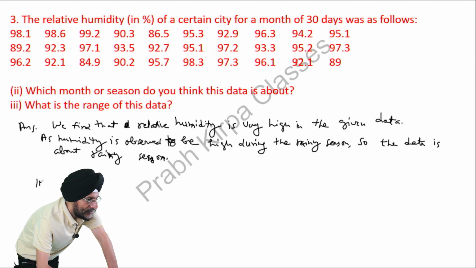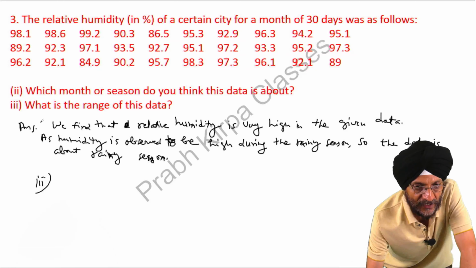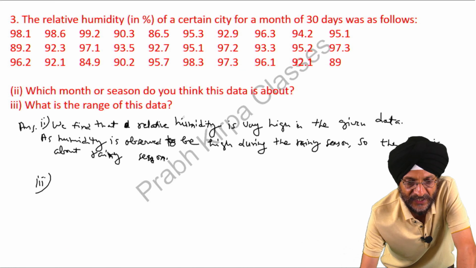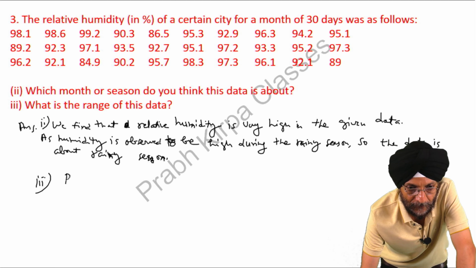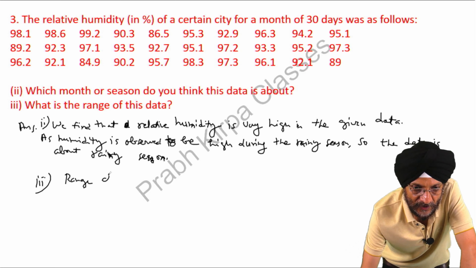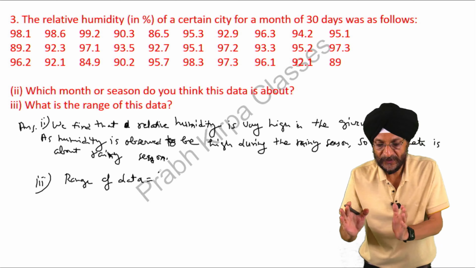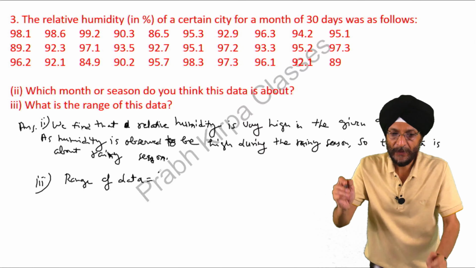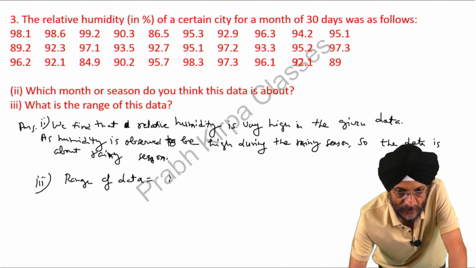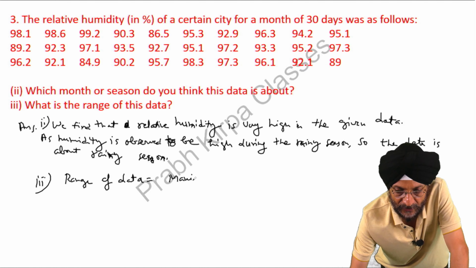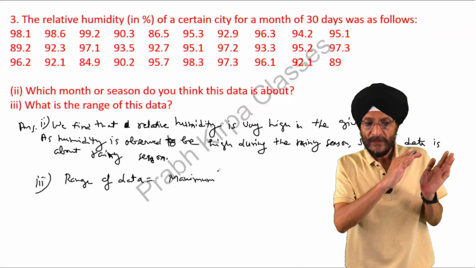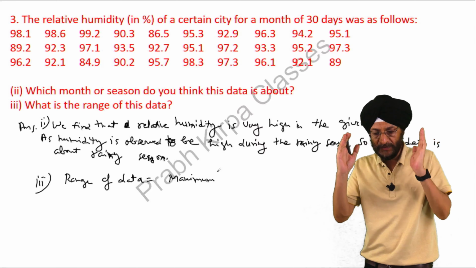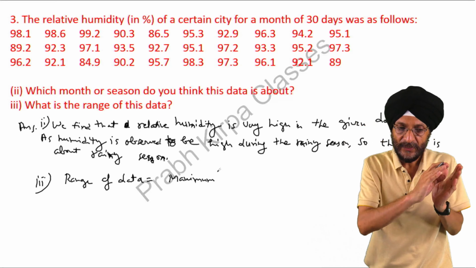Now the next point, which is third, is: what is the range of this data? To find the range of the data, we have to subtract the minimum value of data from the maximum value.